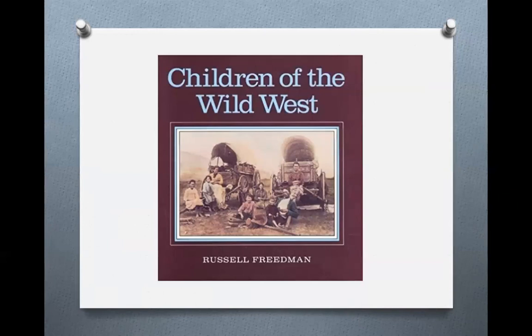Here's another book called Children of the Wild West. There is a lot of sensory detail in that book about traveling along the Oregon Trail in the 1840s. Here's a real short excerpt. It was a typical wagon train of the 1840s. The swaying wagons, plodding animals, and walking people stretched out along the trail for almost a mile. Near the end of the train, a boy holding a hickory stick moved slowly through the dust.